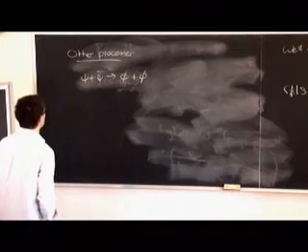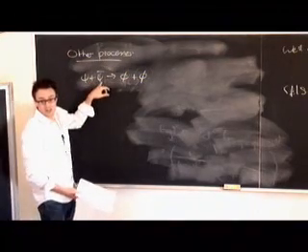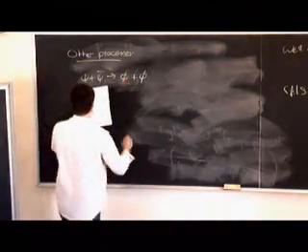So we could consider nucleon anti-nucleon scattering going to two mesons. What are the diagrams for that?